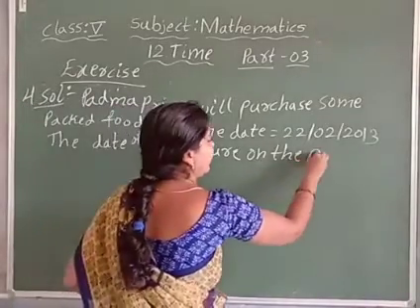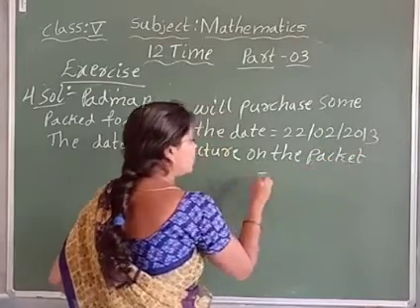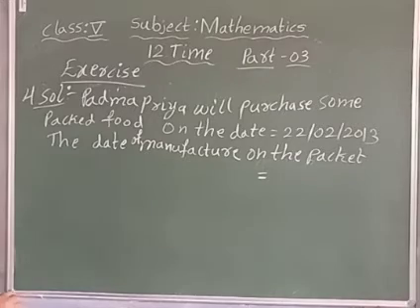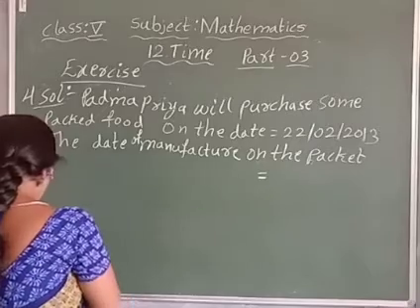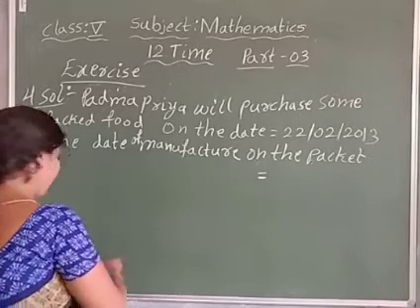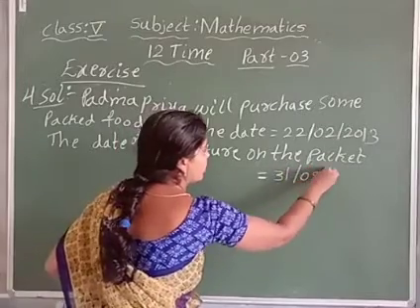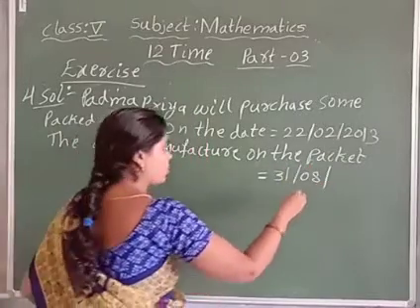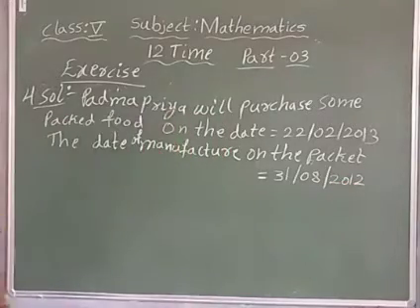So which date is there? The manufacture date. They have given the manufacture date. So which manufacture date is given? 31/8/2012. Only 2012 is given. So which date is given? 31/8/2012.